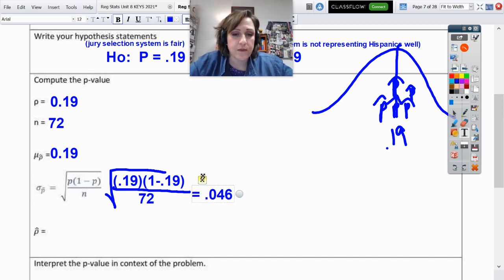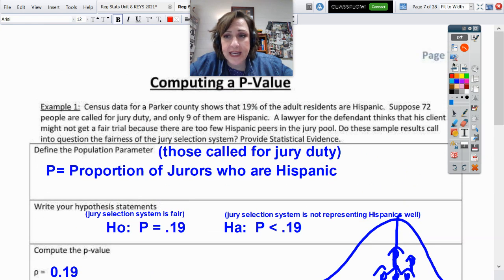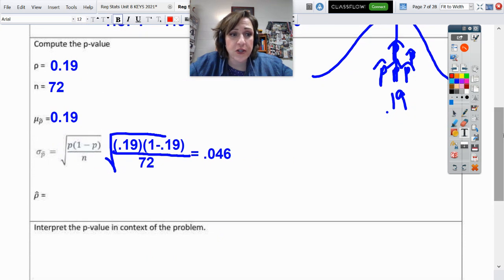All right, now look here, p-hat. What p-hat are we investigating? The p-hat we are investigating is the one that is 9 out of 72. Some of y'all missed that on your last test.